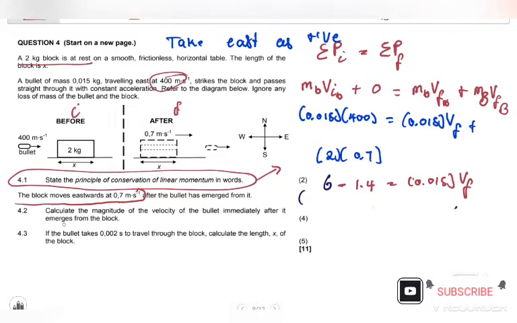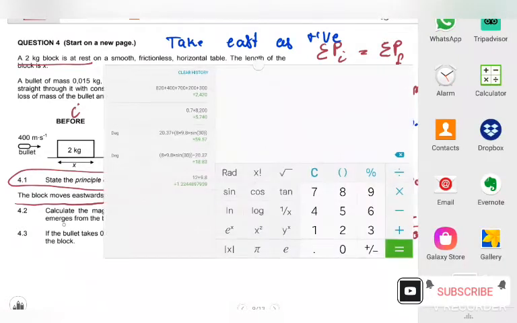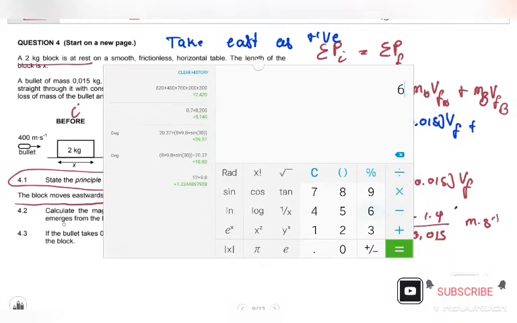Okay, so we're going to say 6 minus 1.4 divided by 0.015. So our v final is equal to 6 minus 1.4 divided by 0.015. It is the velocity final of the bullet. But let's punch our calculator. Okay, so we have 6 minus 1.4, which is this. Then we divide this by 0.015.